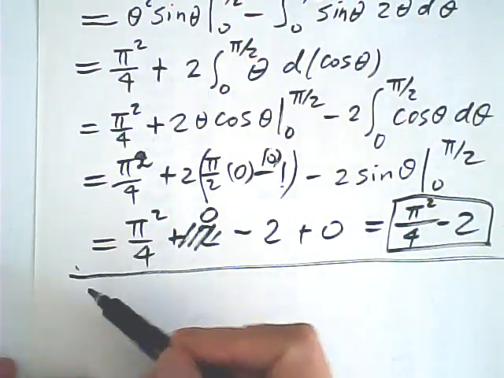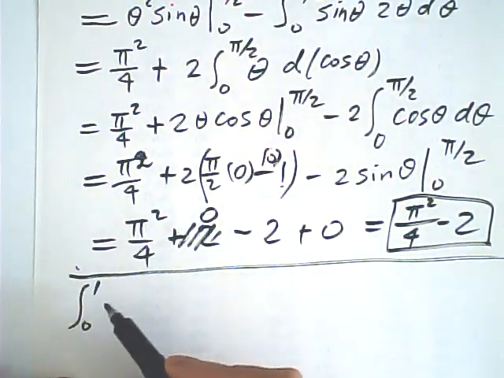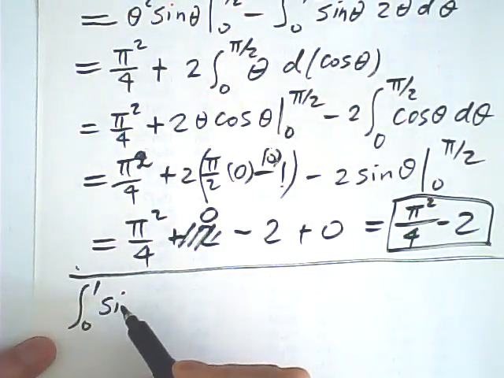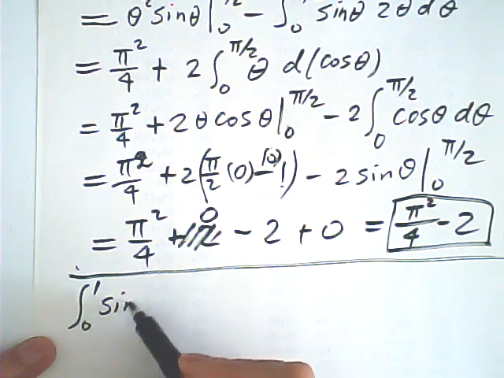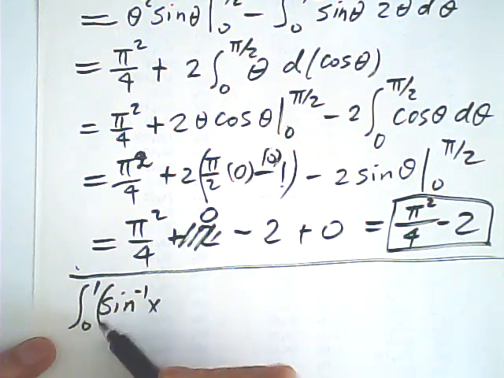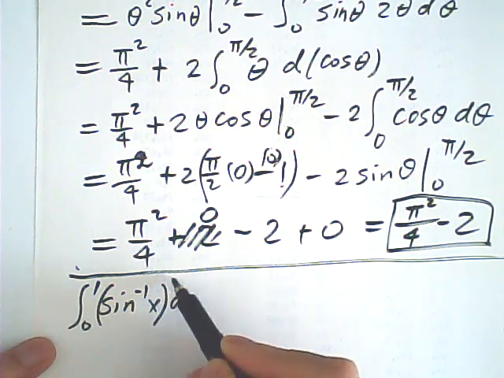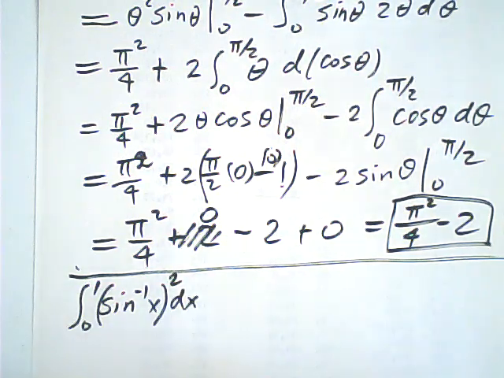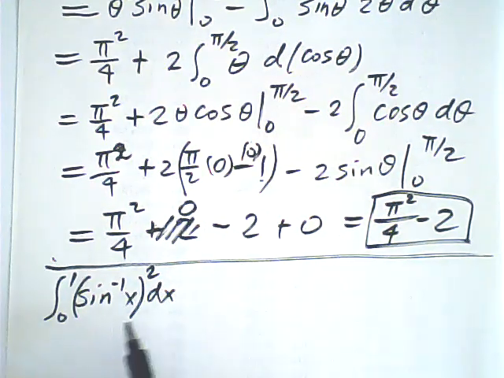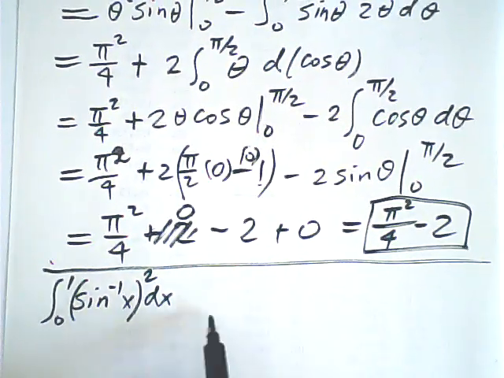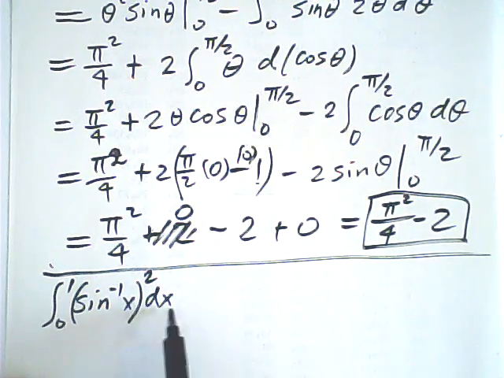Now method 2, sine arcsine x squared dx. Now in method 2, I'm using by parts right away. This is u, this is v, right?